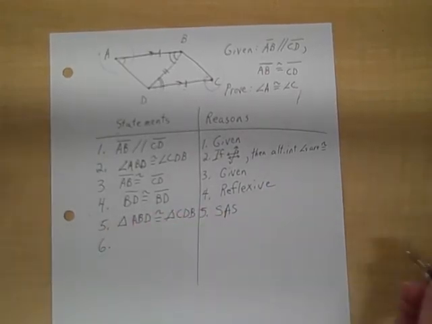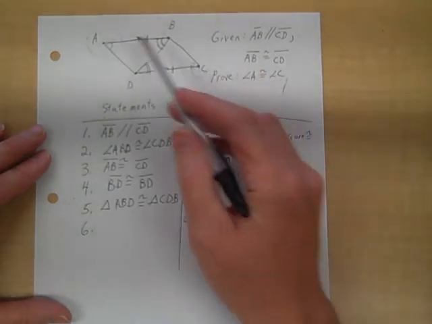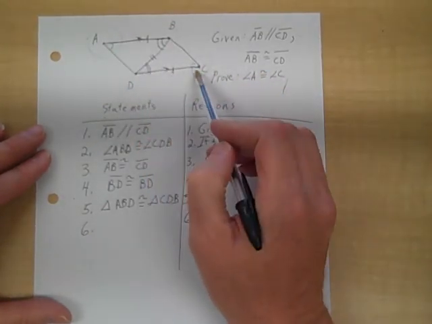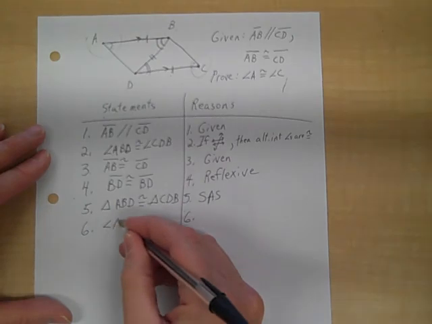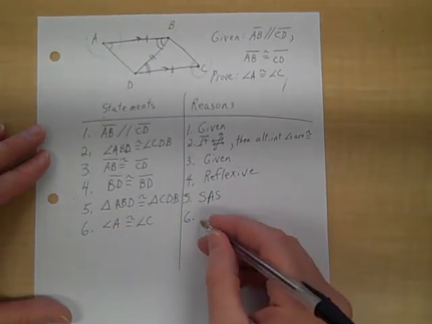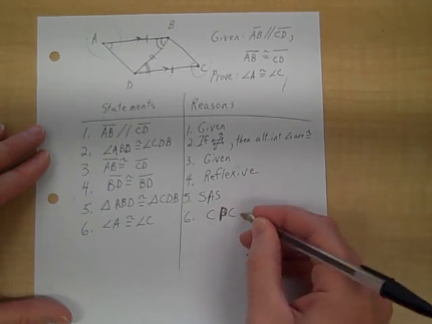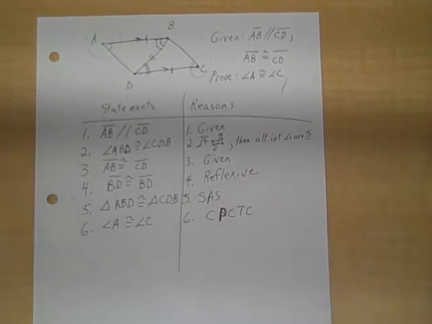Now, what I have is angle A and angle C correspond to each other, and they're in congruent triangles. So, corresponding parts of congruent triangles are congruent. You need to just be able to put something together like that on the weighted version of the test. All right, look forward to seeing you tomorrow. Bye for now.